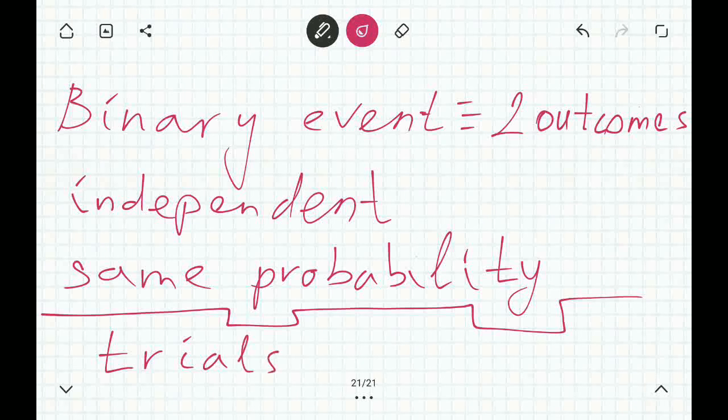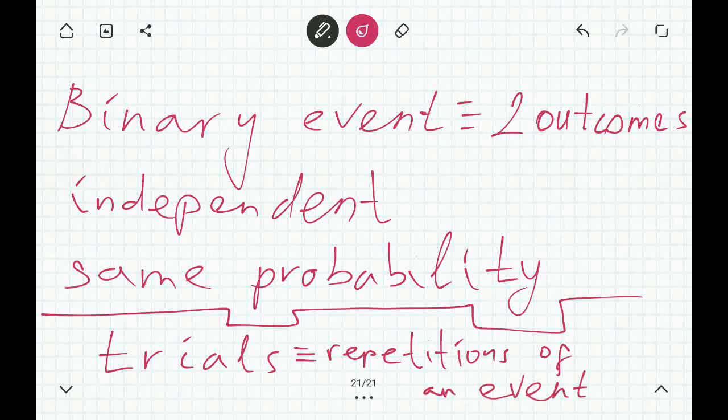That's the tradition. We used to use that word, trials, for repetitions of an event. Okay, so I want a binary event, a series of binary events, so several trials, which are independent of each other.